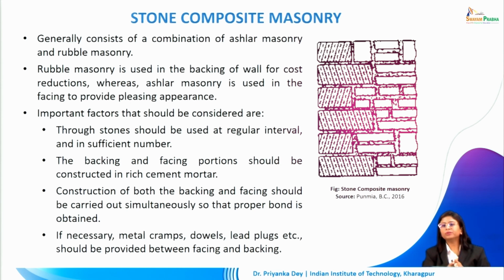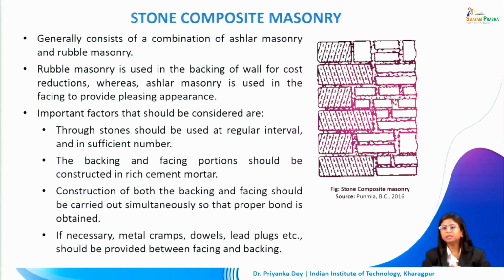So we know we've already learnt that ashlar and rubble masonry have very different look to each other, because one, which is the ashlar, has far more well dressed stones. So if we make a combination of both, we can actually have the regularity of courses in the ashlar part, whereas have the rough look of the rubble masonry as well.